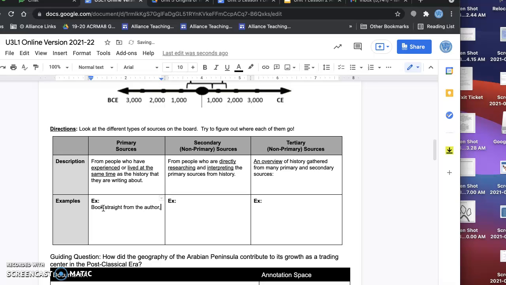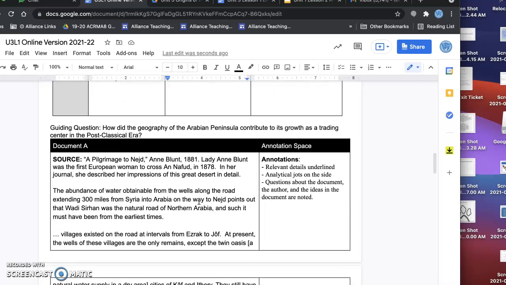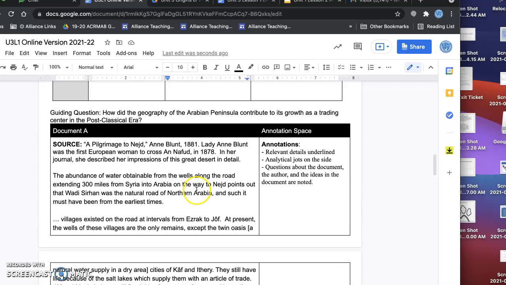All right. Like I said, the link attached will tell you how to do this one, and you can write examples for secondary sources and tertiary sources as well. Coming down here, now we're going to be working on the guiding question: How did the geography of the Arabian Peninsula contribute to its growth as a trading center in the post-classical era?